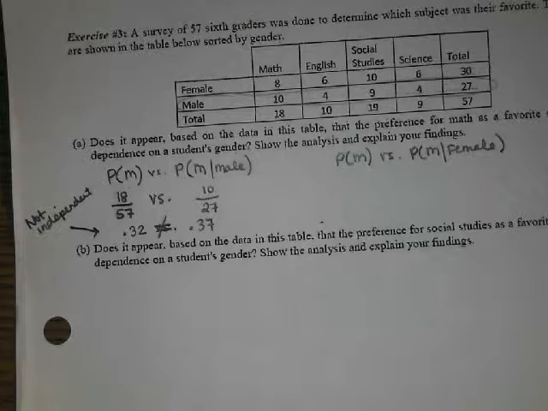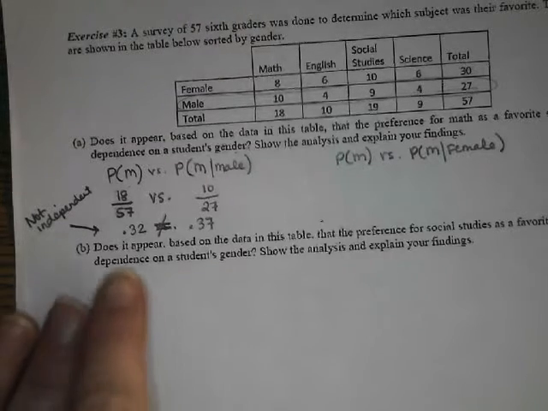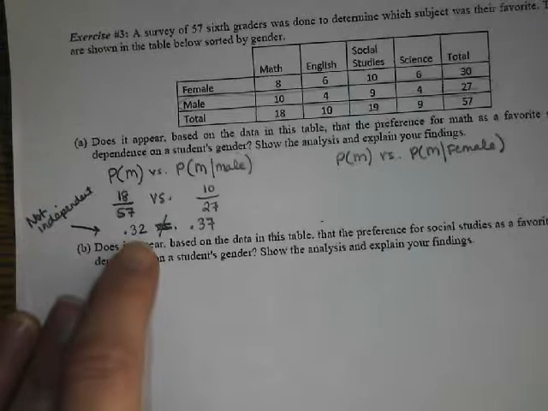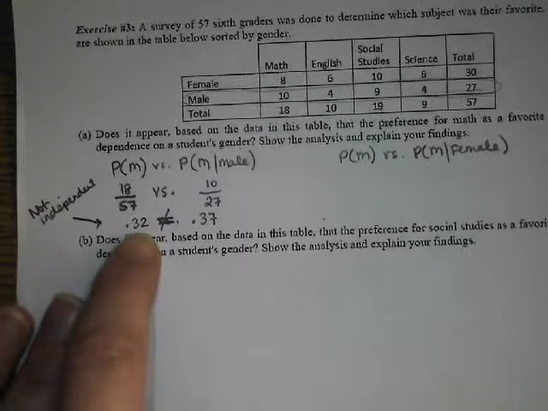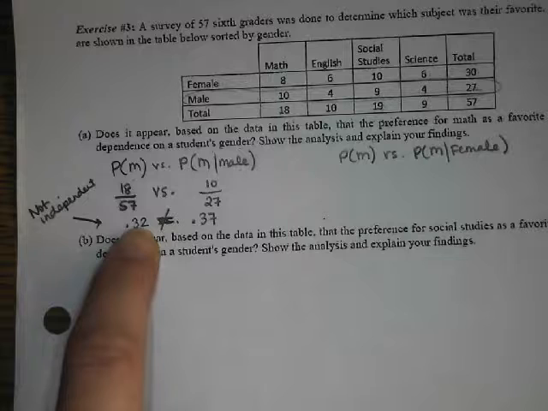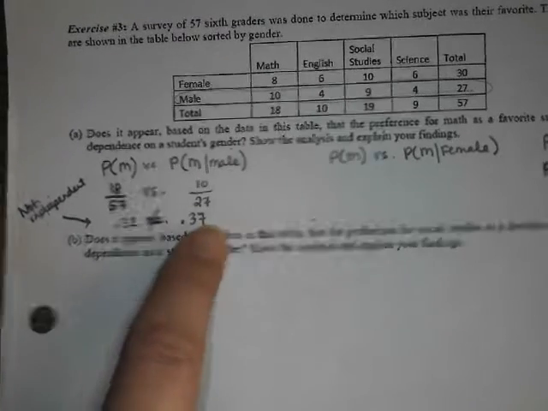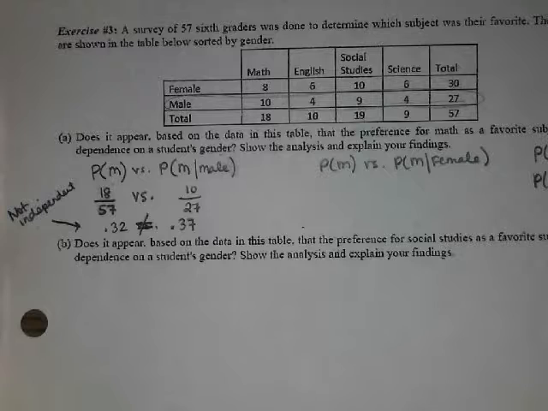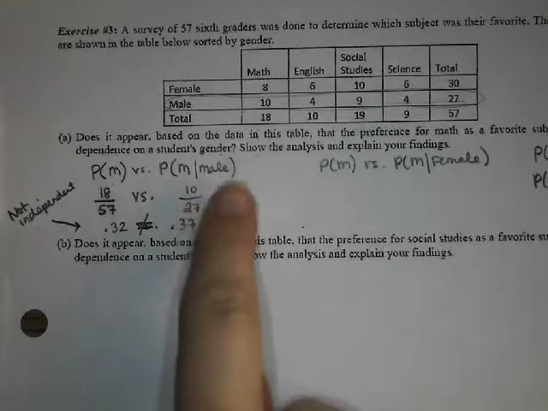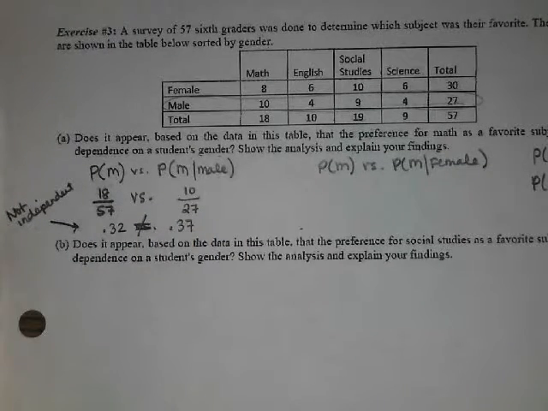Does that make sense? The probability of anyone liking math is 32%. The second you restrict your population to males, the probability that a male likes math jumps up to 37%. So something about being a male made you slightly more likely to like math.